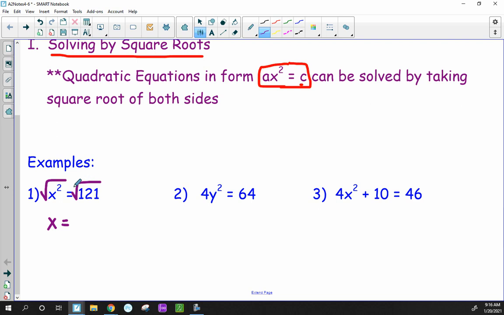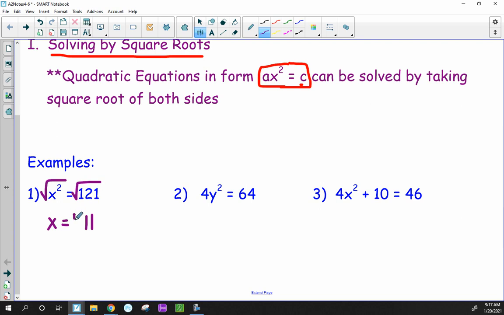If you were to type this into your calculator right now, the calculator would only show you one answer. It would give you 11, because 11 times 11 is 121. However, the calculator only gives you what's called the principal answer. There are actually two solutions to this problem. Keep in mind, when you're doing square roots in an equation, you're trying to give all answers possible.